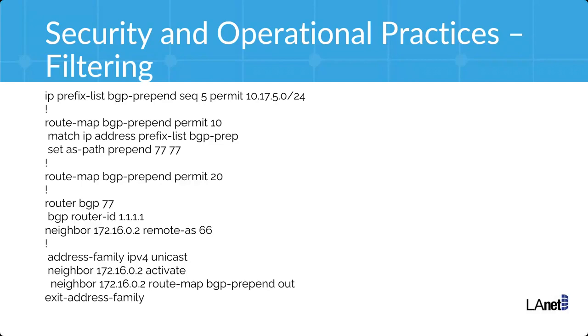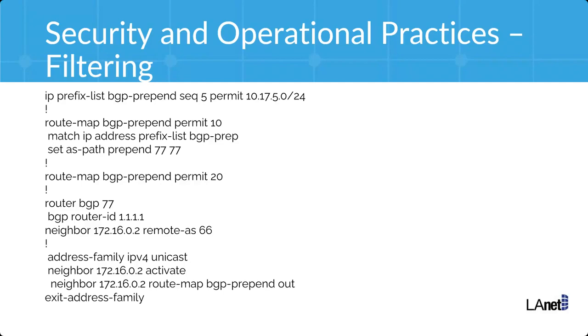Well, then I go into my BGP, and on my neighbor statement, I set a route map, and it calls the route map name, BGP-prepend, and I give it a direction, in this case, out. It only affects neighbor 172.16.0.2, but for that one neighbor, they're going to see the ASN 777 in there two additional times, right?